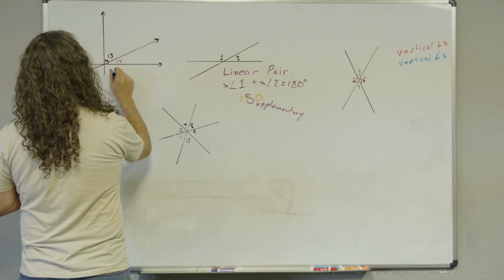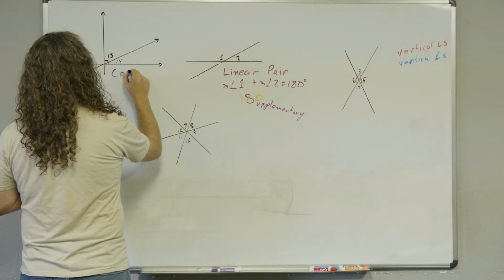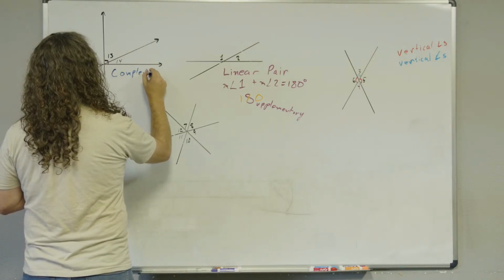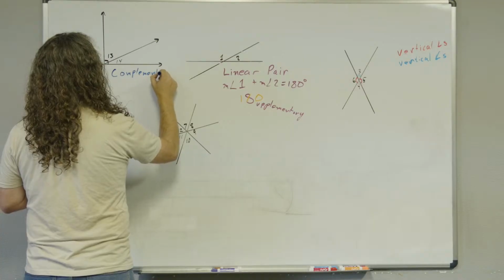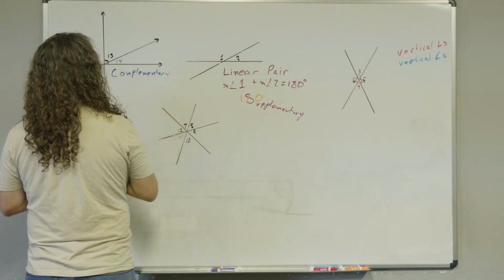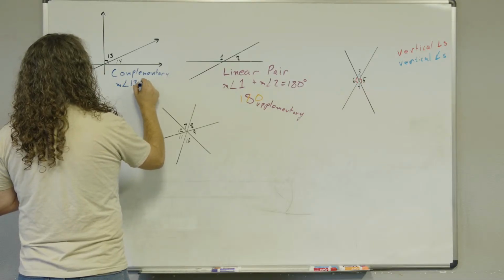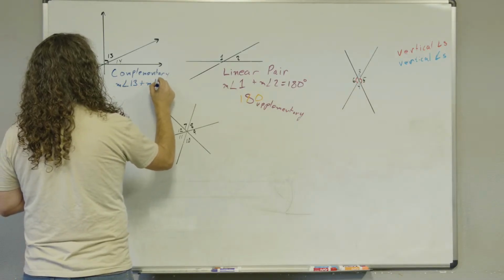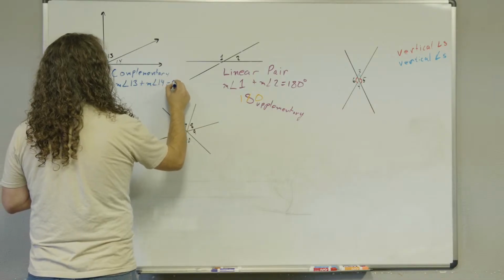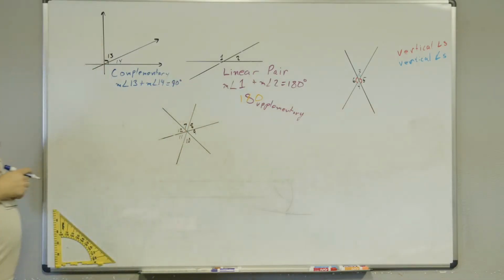These are complementary angles. So the measure of angle 13 plus the measure of angle 14 equals 90 degrees, right? Great.